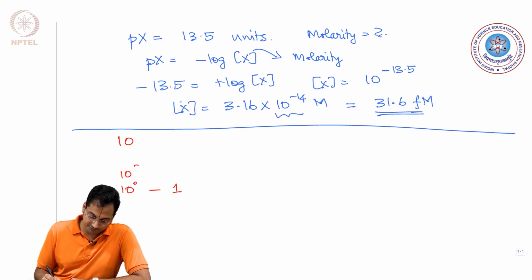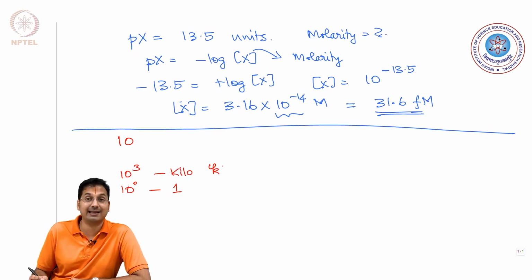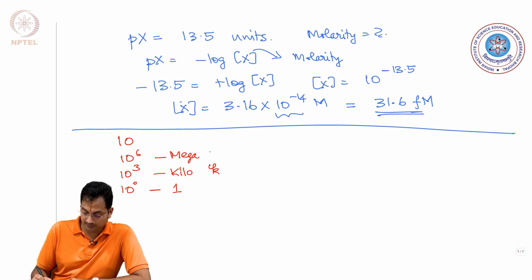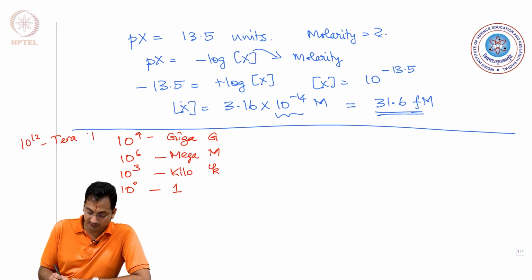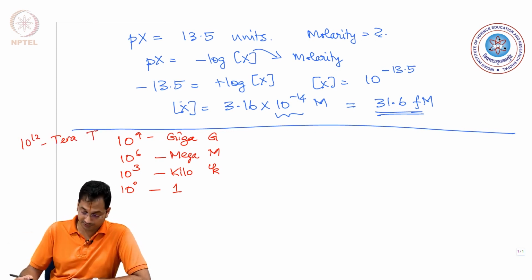Something like 10 power 3 is given the unit kilo. That is the one that comes with a small k. 10 power 6 comes as mega, that is capital M. 10 power 9 comes as giga, which is capital G. 10 power 12 is tera with a capital T and so on and so forth.